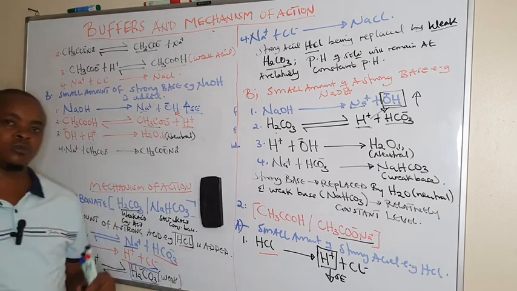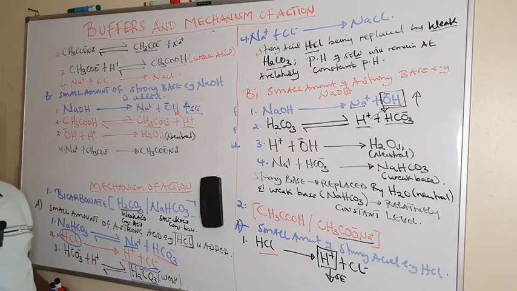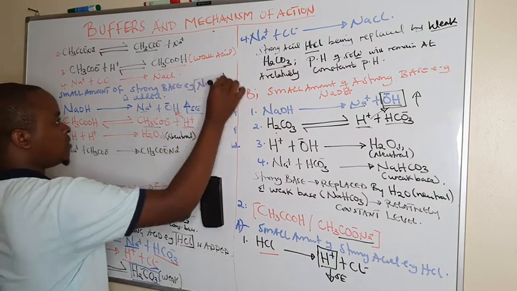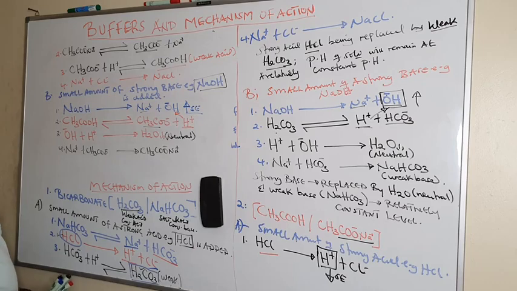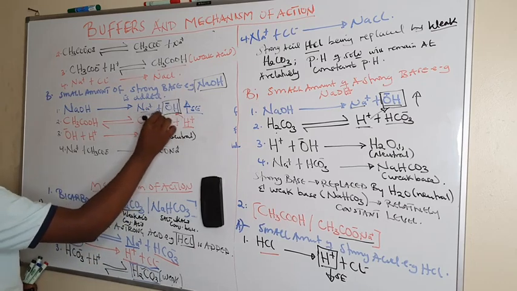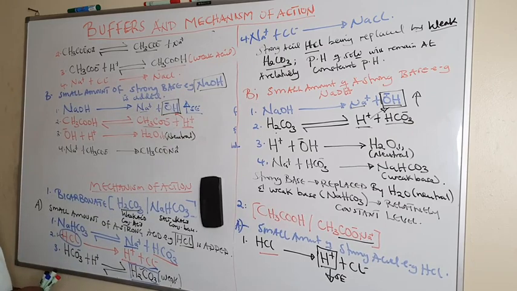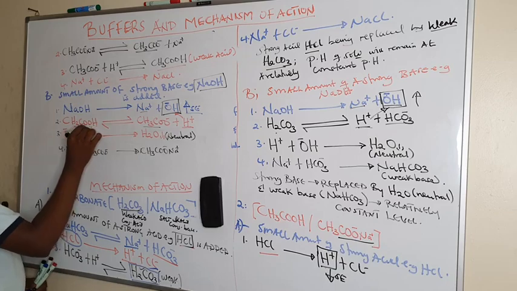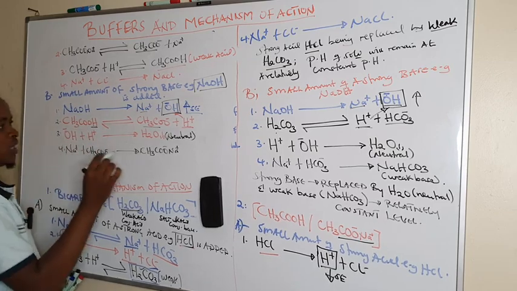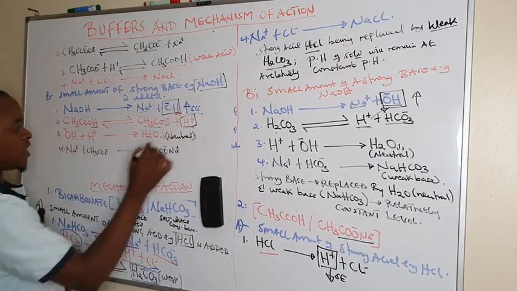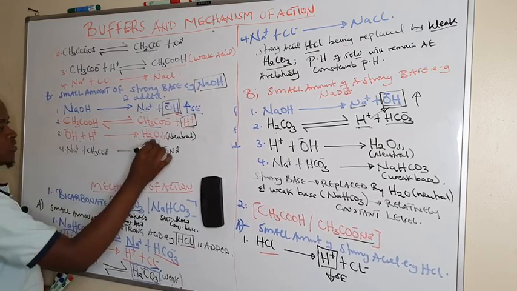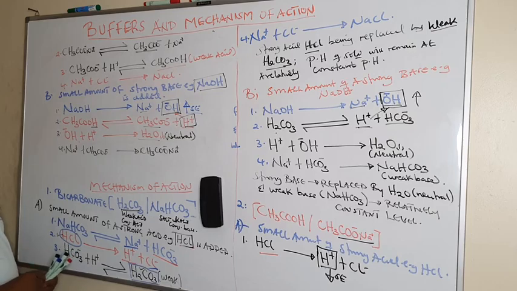So this is how ethanoic acid and sodium ethanoate maintain pH when a strong base such as sodium hydroxide is added, where we are seeing that it will liberate hydroxyl ions which have ability to increase the pH, but because of liberation of hydrogen ions from this weak acid, they come and bind with hydroxyl to form water which is neutral, hence the pH will remain at a constant level.